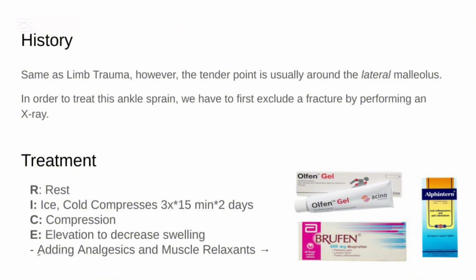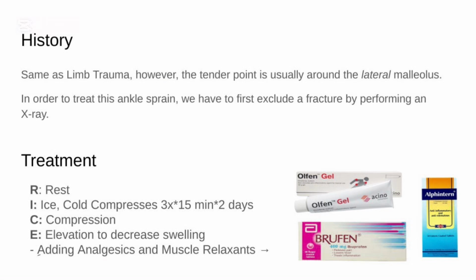Now, a quick note: full recovery of an ankle sprain takes about 4 weeks, and we have to apply ice, cold compresses 3 times, 15 minutes each, for 2 days, especially after the sprain itself. This is in order to reduce inflammation.